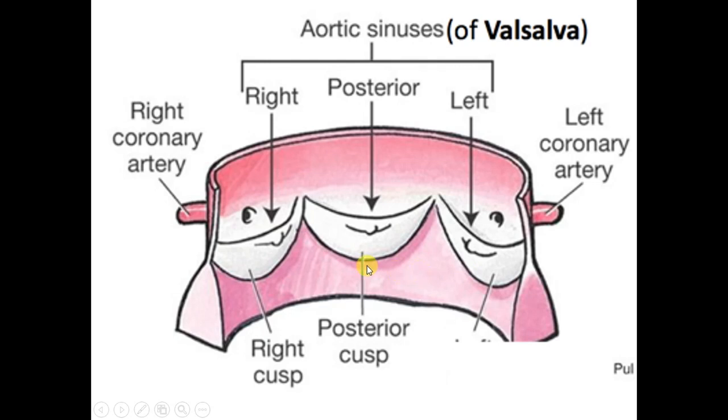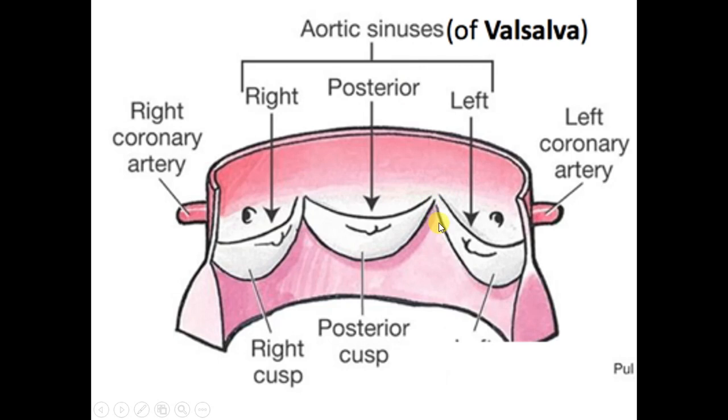Now here are shown the cusps of the aortic valve: this is posterior, this is left, and this is right. There is slight distension of the aortic wall, producing the aortic sinus, and from that sinus arises the right coronary artery, and from the left side the left coronary artery.